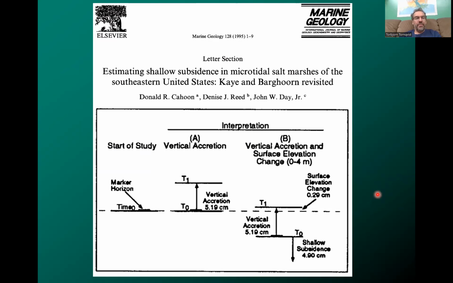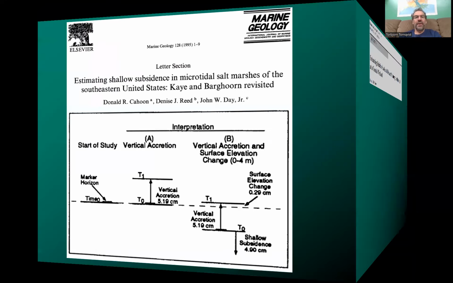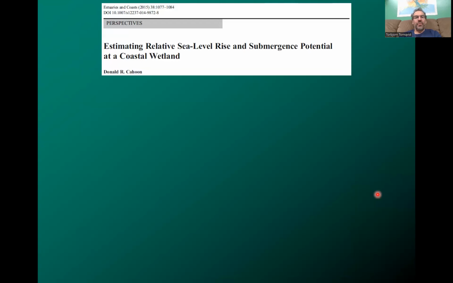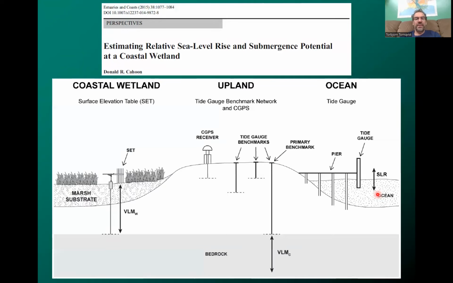That, of course, was a pretty significant step forward in allowing us to get a better understanding of coastal wetland processes. So this is a more recent overview by Don Cahoon from 2015 that shows what I would say is still probably fairly state-of-the-art methodology that is used in these studies.